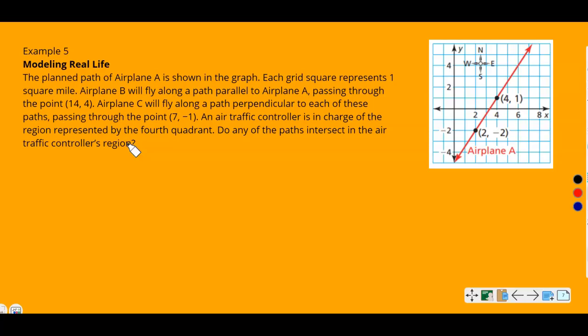So the first thing we need to do is figure out the slope of airplane A, and we need to figure out what the equations are for B and C. Let's first look at the graph.